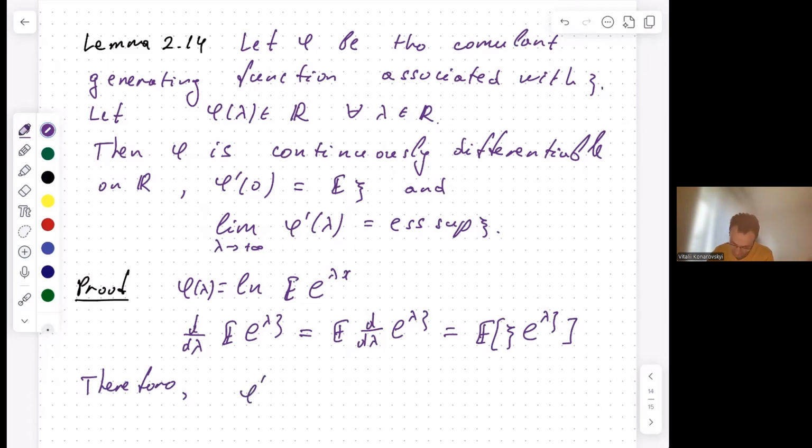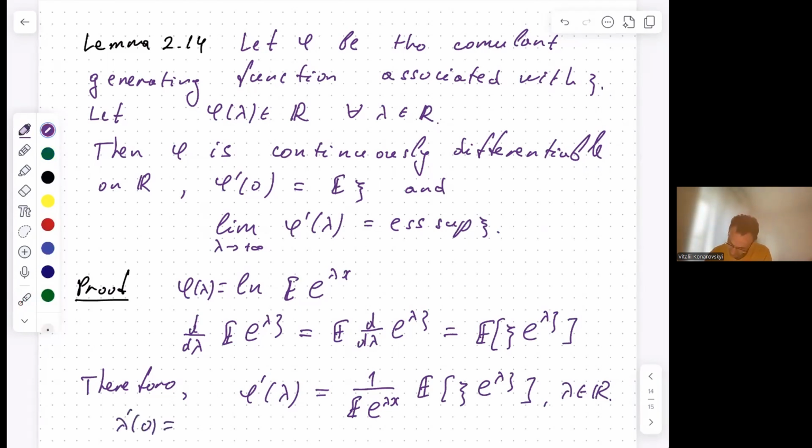Therefore, you have the derivative of the function itself, which is a logarithm. You need to compute the derivative of the logarithm first, and it is 1 over the expectation, and I write that. And then you multiply by the derivative of the expectation, but we computed it in the line before, for every lambda from R. You see that if we take lambda equal to 0, I want to write that here, phi prime at 0 is equal to, with lambda 0, the exponent to the power 0 is 1.